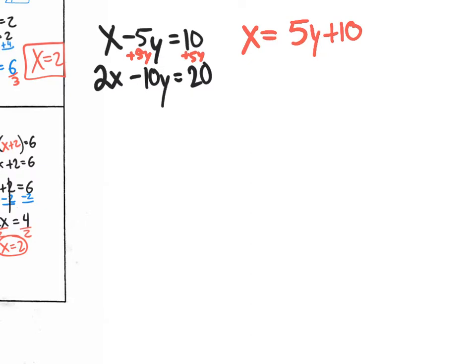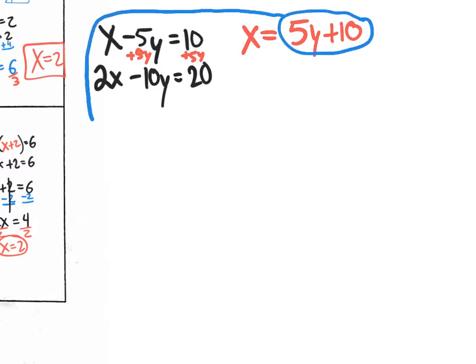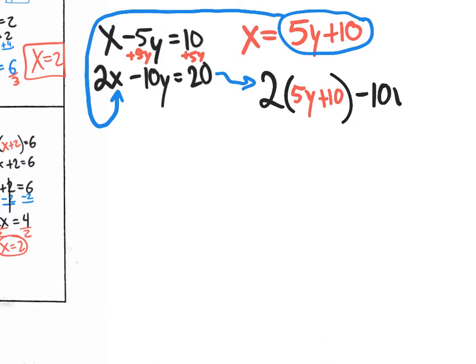Everybody with me? What do I do now? I take that variable expression, the 5y plus 10, and I'm going to plug it into the equation we have not used, into the x. So my new equation will read 2, but instead of x, I'm plugging in the 5y plus 10, minus 10y equals 20.